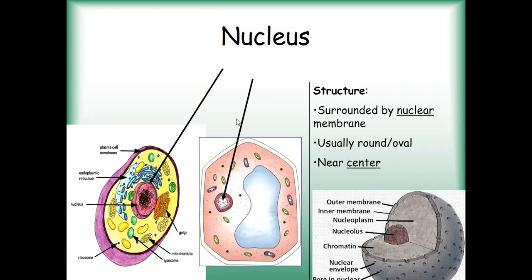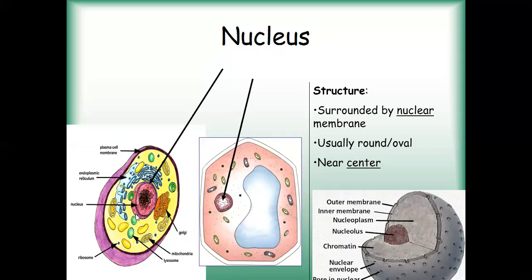So this is an animal cell. As you can see here, this part is the nucleus. This is a plant cell and the nucleus is situated over here. The nucleus is usually round in shape or oval, in the case of plant and animal cells.